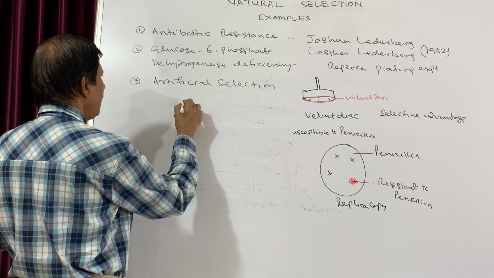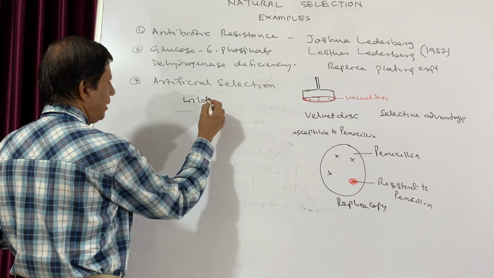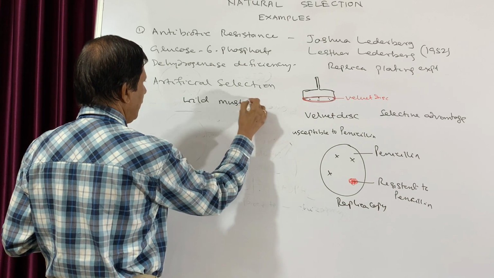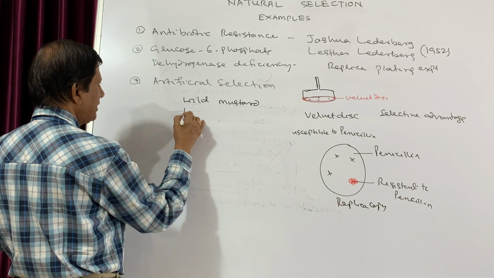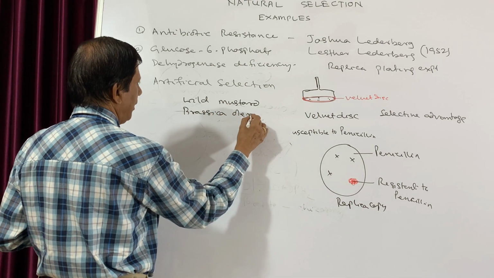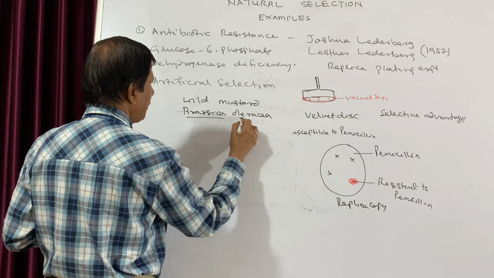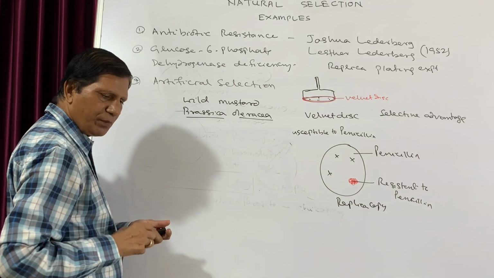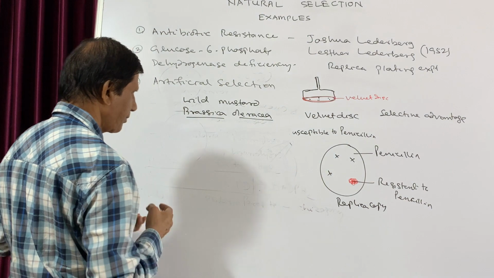Let us take wild mustard. The wild mustard is known as Brassica oleracea, the botanical name of wild mustard. Now from this, see how different varieties are produced.